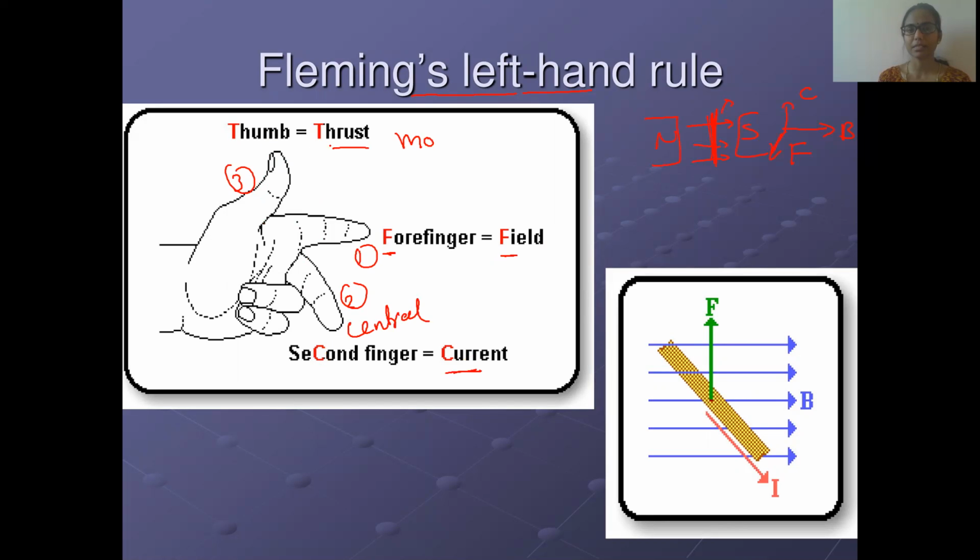Thrust is nothing but force only, children; thrust is also a perpendicular force. The thumb indicates the thrust, or the direction of motion of the conductor. Why does the motion of the conductor come? Because of force. The force acting on the conductor will be in the upward direction. Remember: forefinger for field, second finger for current, and thumb indicates thrust. Thrust means force, that is motion in a conductor. So this is about Fleming's left hand rule.